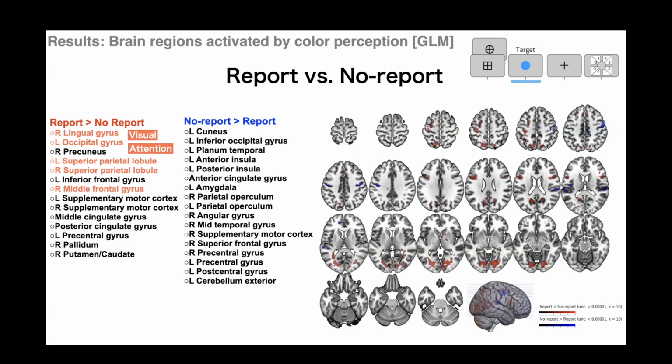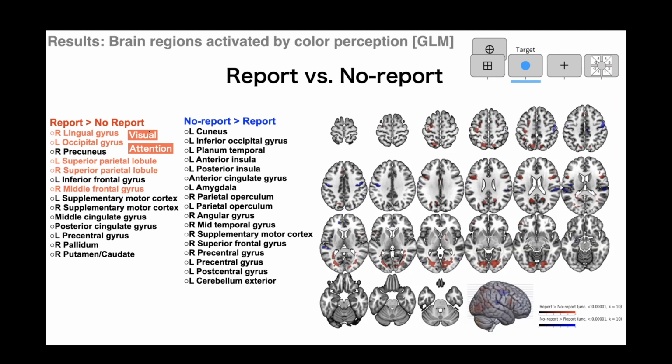Red regions are more activated in the report case compared to the no report condition. And blue regions are more activated in the no report condition compared to the report condition.